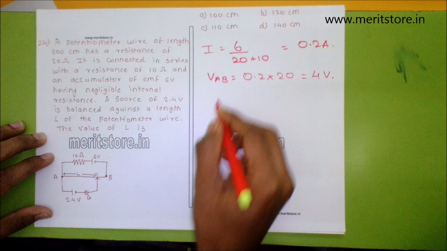Now let us find out the potential difference across the wire AB. VAB is equal to 0.2 into 20, which is equal to 4 volts.